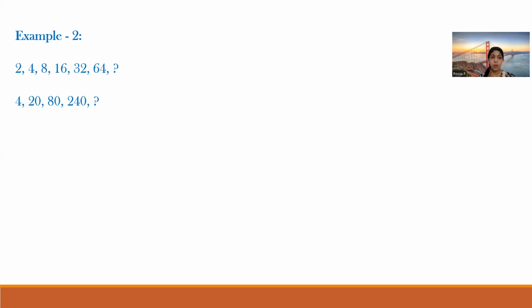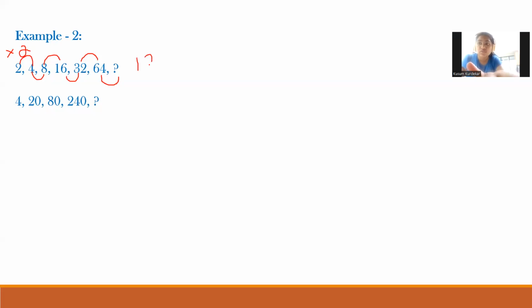So you have 2 into 2, that is 4, 4 into 2, that is 8, 8 into 2, 16, 16 into 2, 32, 32 into 2, 64. So the next number should be 64 into 2, which is 128. Correct. The answer is 128. Again, when we talk about product series, we have two kinds: constant product and increasing or decreasing order of product.